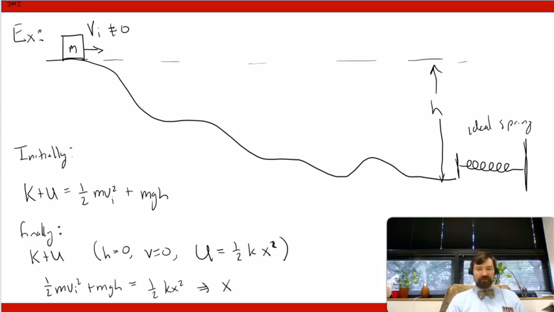And that means that the final compression must be m v initial squared plus 2 mgh all divided by k, square rooted. And again, we did this very easily without having to figure out intermediate things like what's the acceleration, what's the force on this, what's the acceleration at each point, therefore what's the speed when it gets here, therefore how much force is needed and what acceleration to bring it to a stop, and so on.